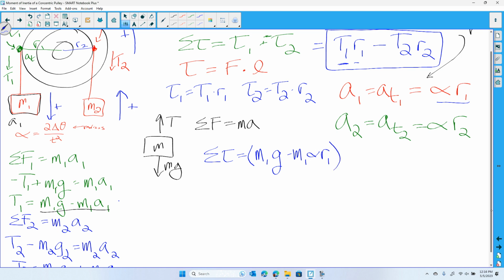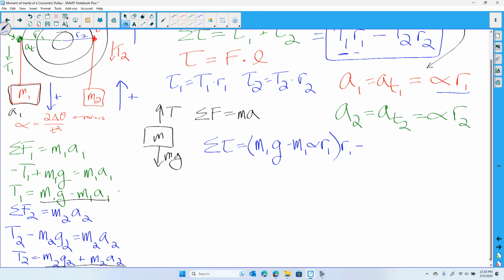All of that times R1, and then we're going to subtract T2, which is M2G plus M2, and instead of A2, we're going to use alpha R2 because those are the same. All of that times R2, which is insane.